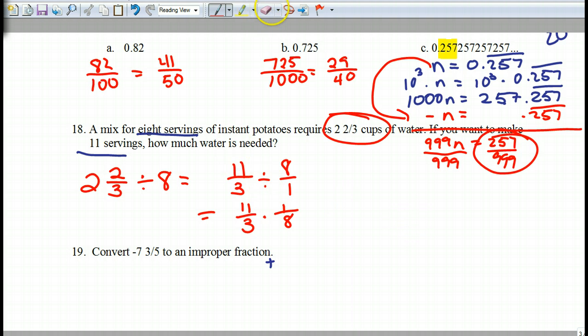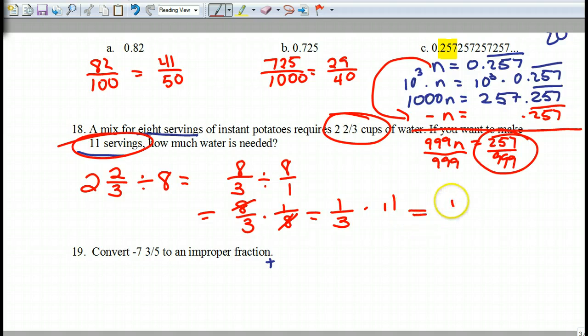Wait a second, something's wrong here. Okay, so now I can pre-reduce this. Notice that there's 8s in the diagonal. I can get rid of that. So this is 1/3 for 1 serving. Yep, for 1 serving. So we need to make it into 11 servings. Multiply it by 11. So it's 11 thirds.